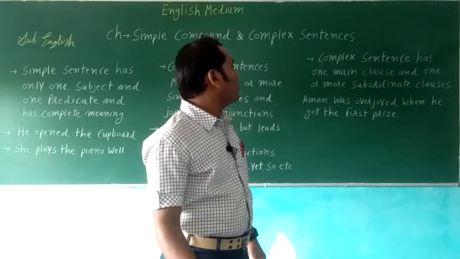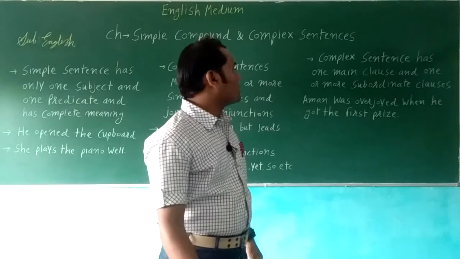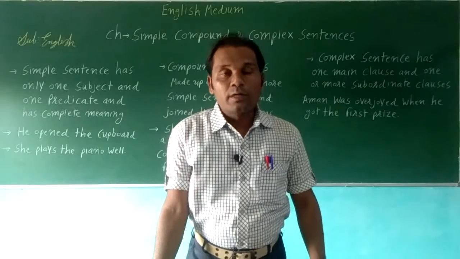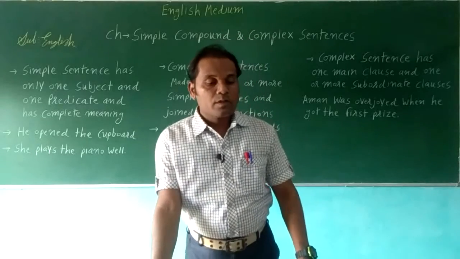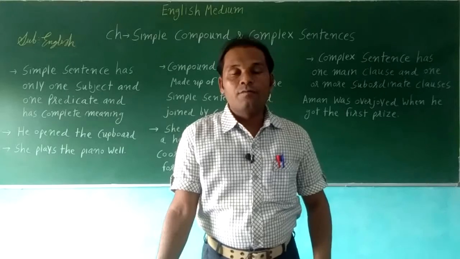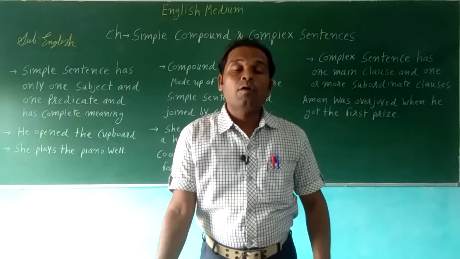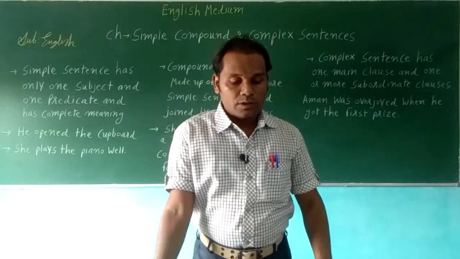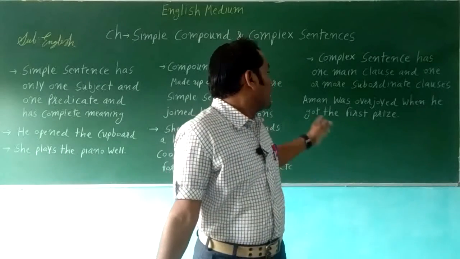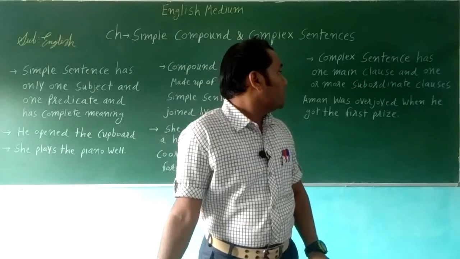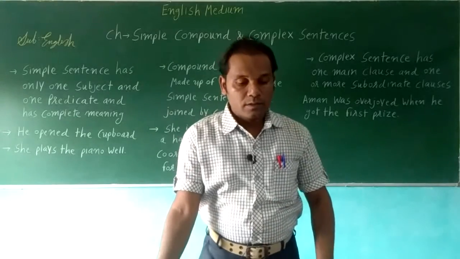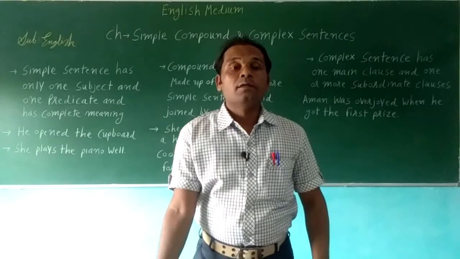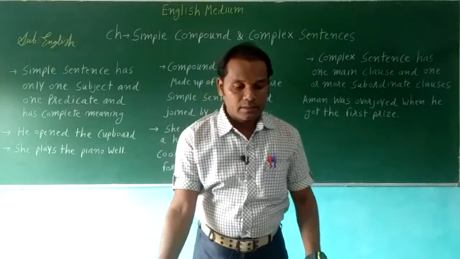Aman was overjoyed when he got the first prize. So here you can see, Aman was overjoyed when he got the first prize. It is called a complex sentence.